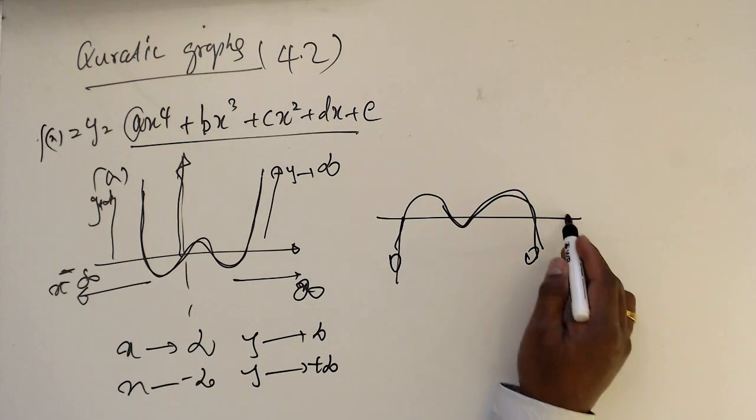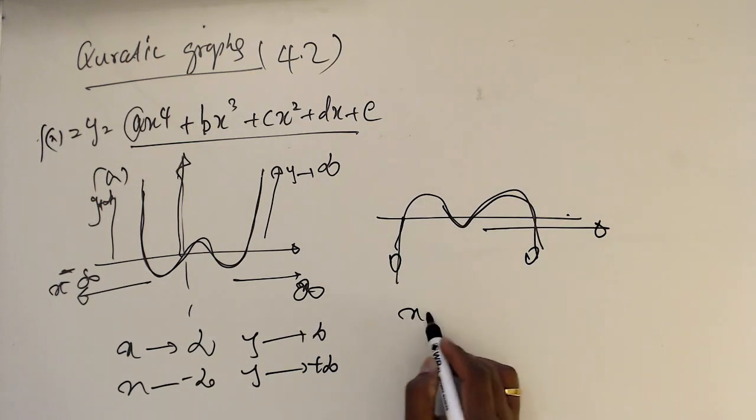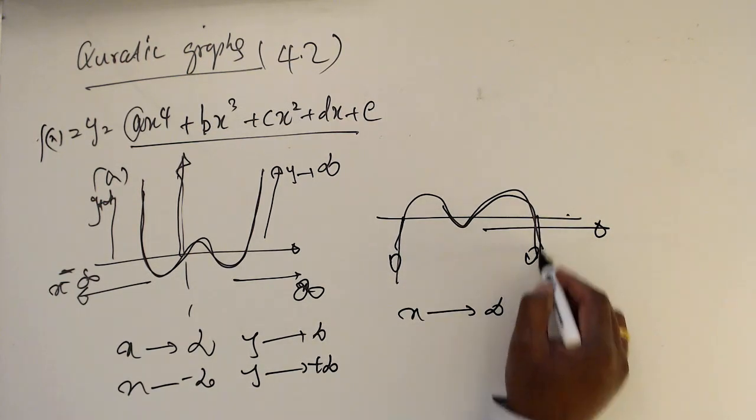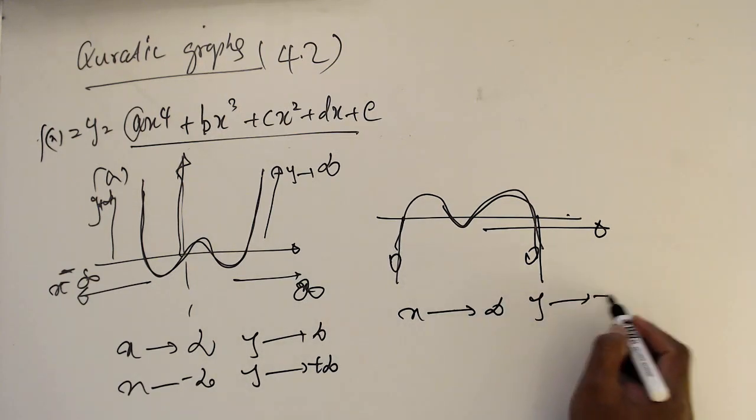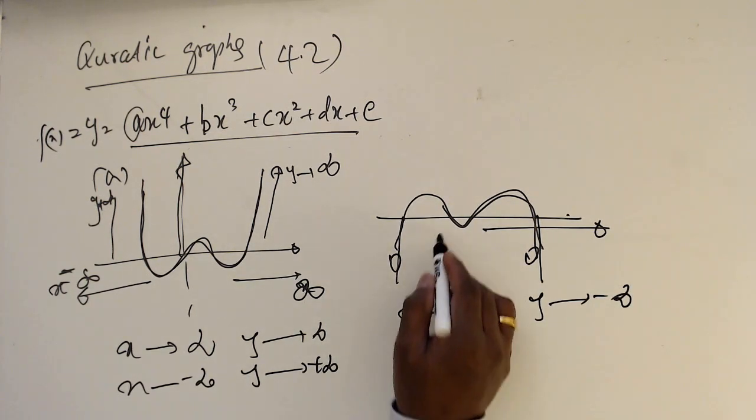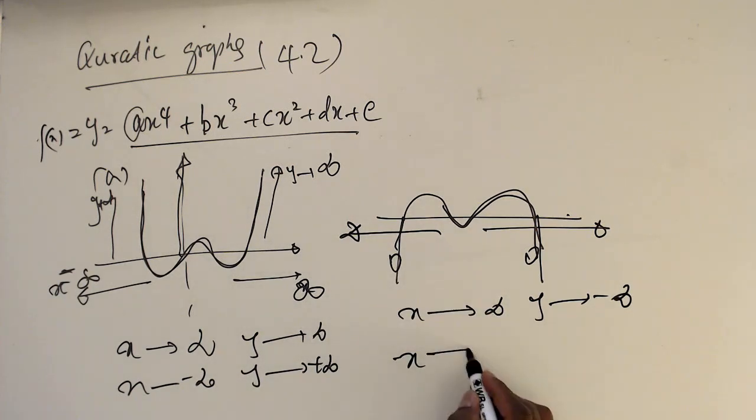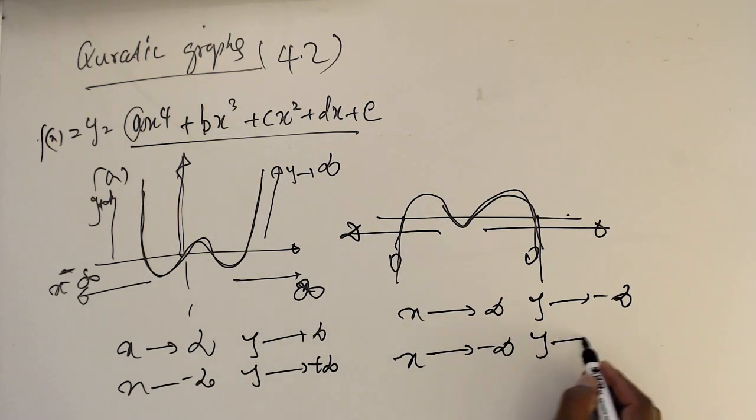Now x goes in this direction, positive. You can see that y is going to negative, and when x goes in this direction, negative infinity, y still goes to negative infinity.